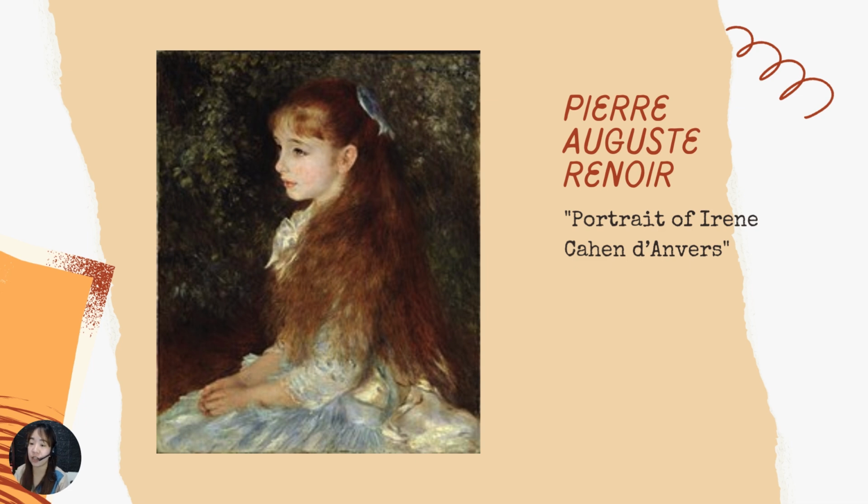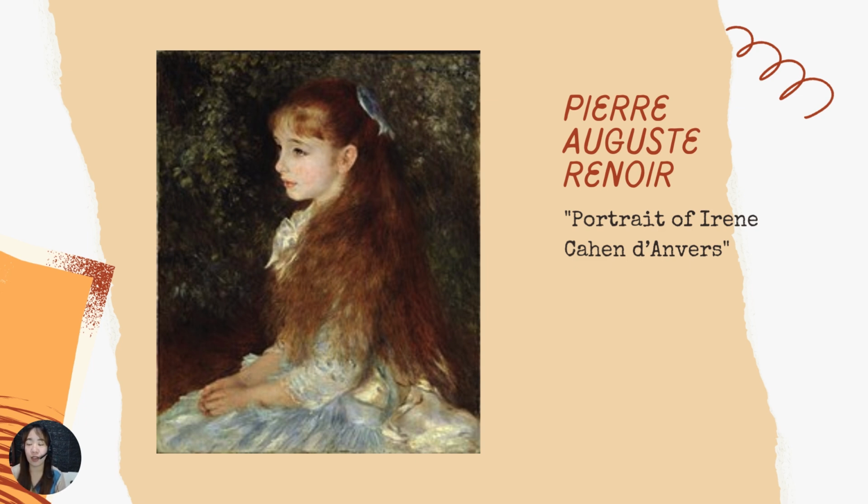In English, it's entitled The Little Girl with the Blue Ribbons. As you can see, she's a little girl with blonde brown hair, and with a blue ribbon on her hair. This was an actual person in Renoir's life.